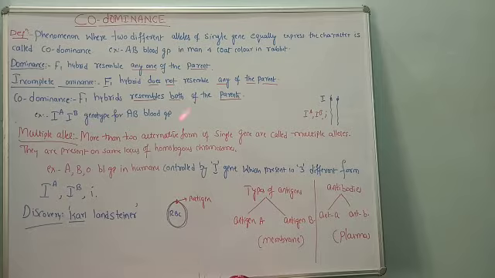Here I have written a genotype, capital I A, capital I B. Let us understand more about capital I. The ABO blood groups are controlled by a gene called I, capital I. So the ABO blood group is an example for codominance.